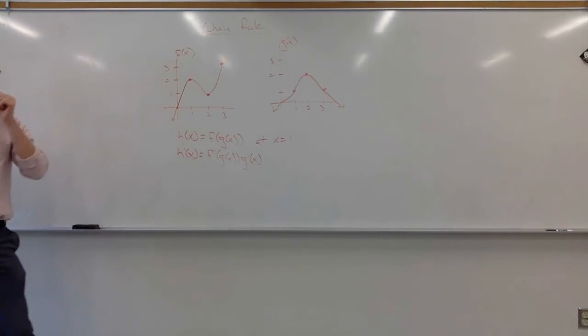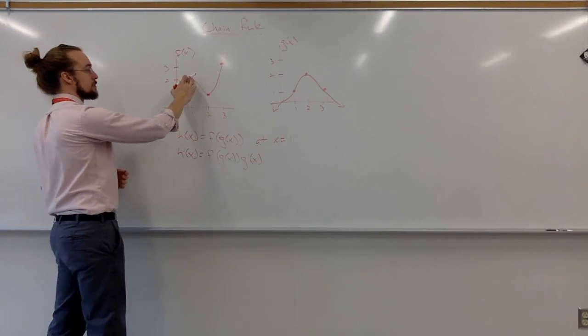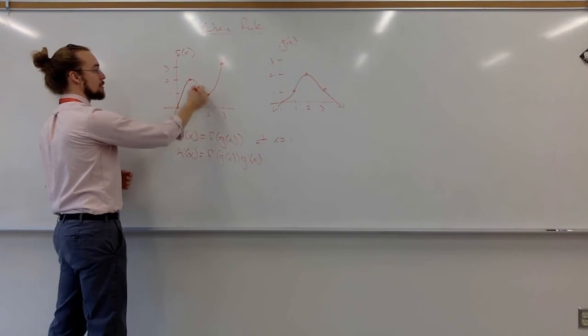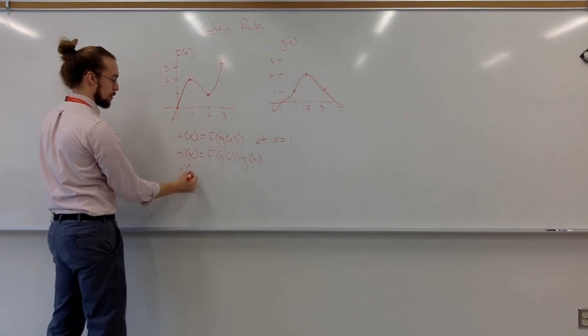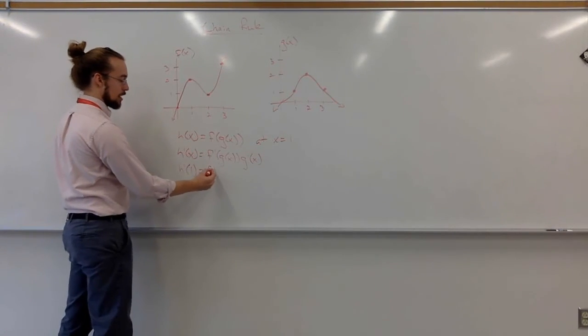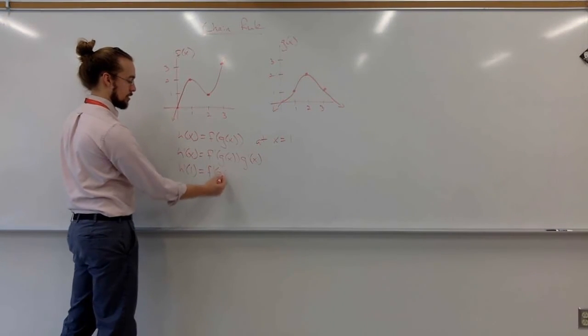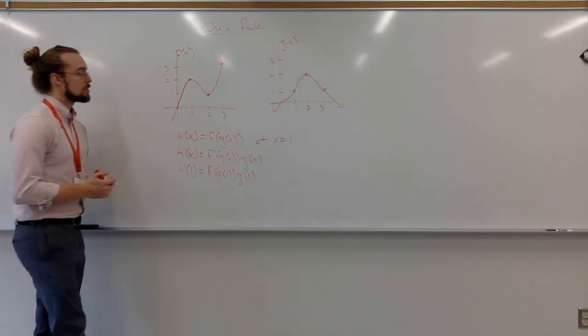And if I want to evaluate this at 1, I guess these should be more line segments. Yeah. So then if I want to plug in 1, f prime of g of 1 times g prime of 1.